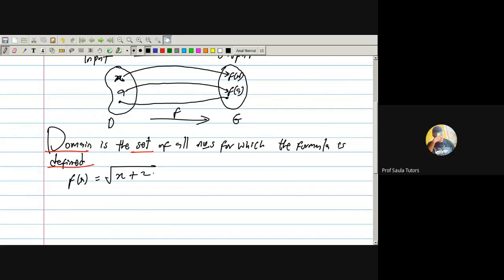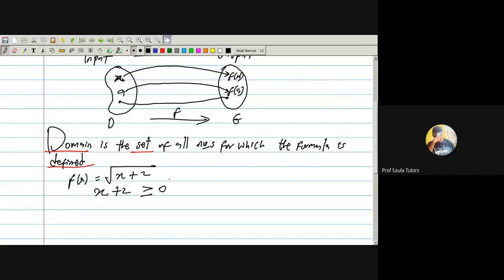If you find square root of a negative number, that will not be a real number again; it will be going to the complex set of numbers. It means the domain of this function is all values of x for which x plus 2 must be greater than or equal to 0. For this square root to be possible, what is inside this square root must be greater than or equal to 0 for it to be defined.